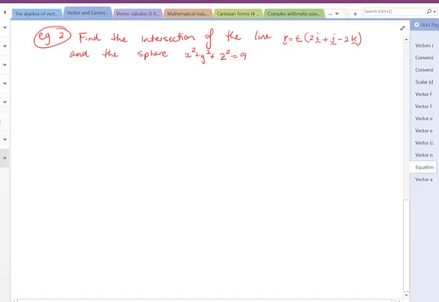Okay, in this example, we're looking at the idea of an intersection between a vector line and a sphere in Cartesian form. So first of all, if we look at that vector r as 2ti + tj - 2tk, we can think about that in parametric form as x is equal to 2t, y is equal to t, and z is equal to -2t.